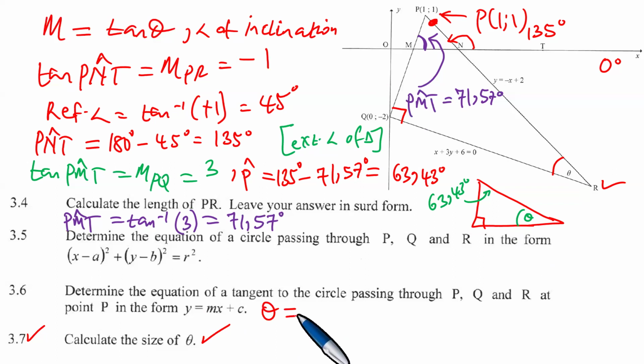To find the third angle, you say 180 degrees, because you're dealing with a triangle and the sum of all the angles. So it's 180 degrees minus 90 degrees minus 63,43 degrees. Subtract all of them.